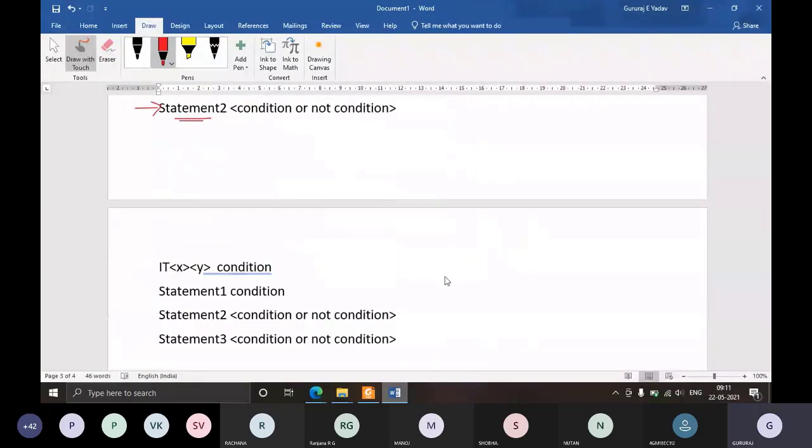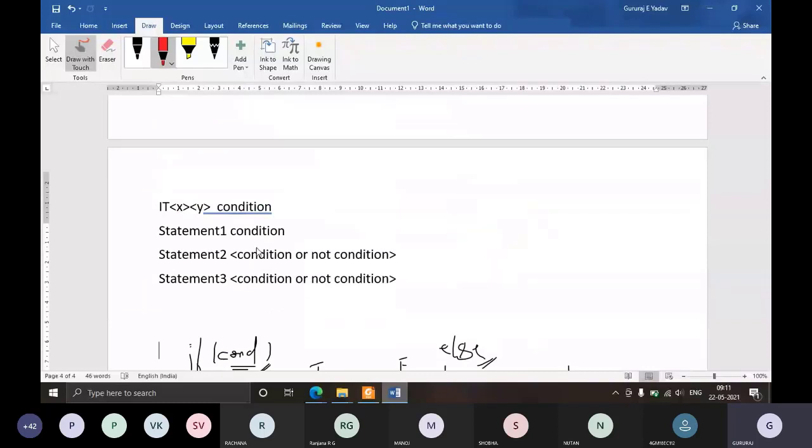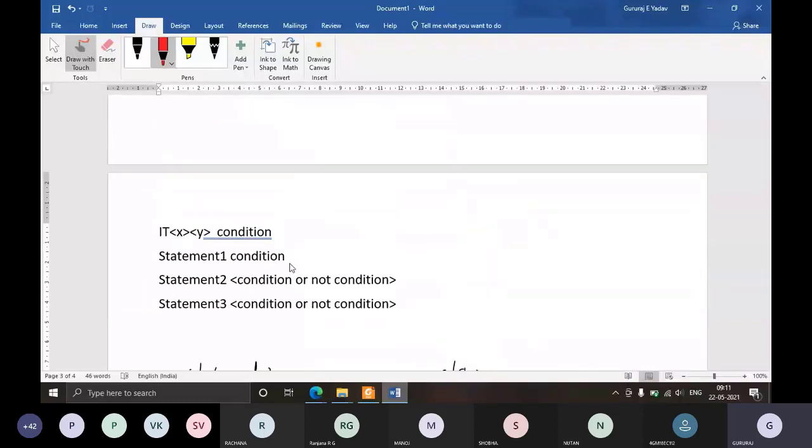Next, the third variation is where this IT instruction has 3 statements. You can see here, statement 1, statement 2, statement 3. Since it has 3 statements, there is a necessity of X as well as Y. Why? Because X specifies when statement 2 should be executed, and Y will specify when statement 3 should be executed.